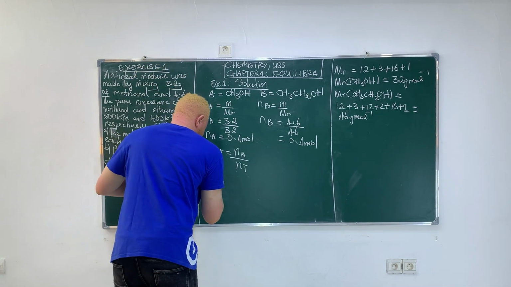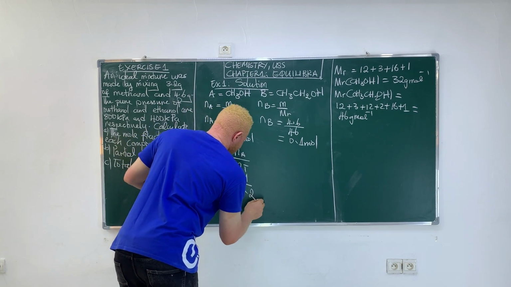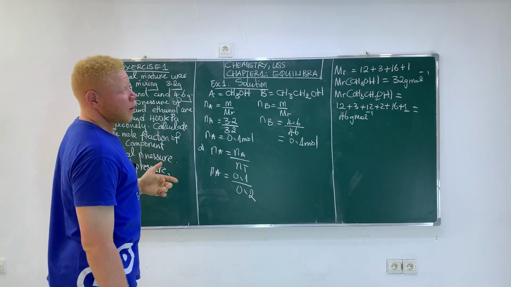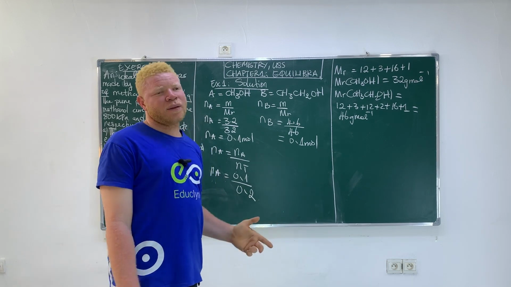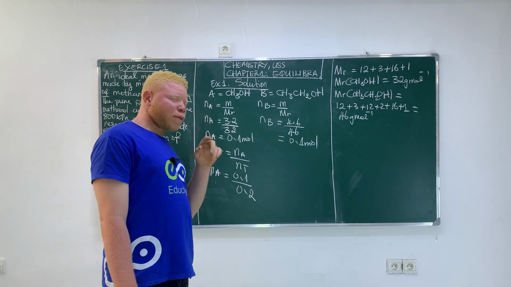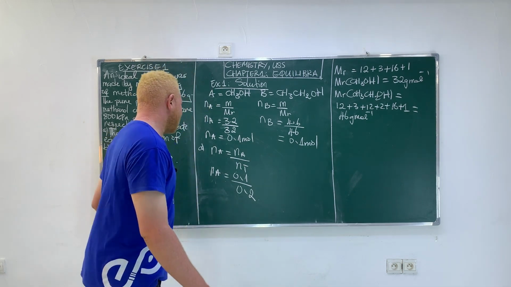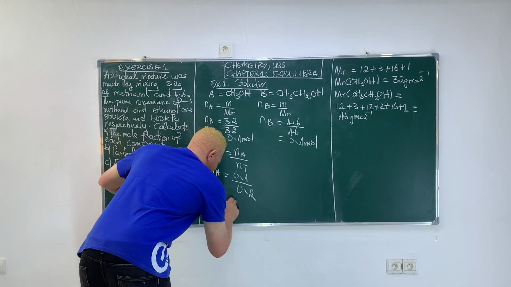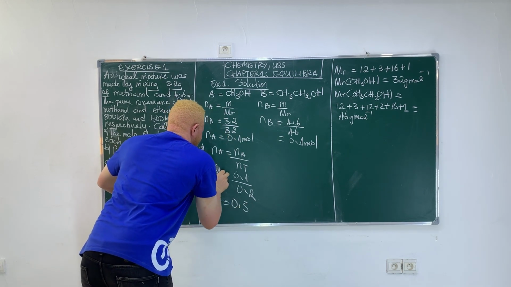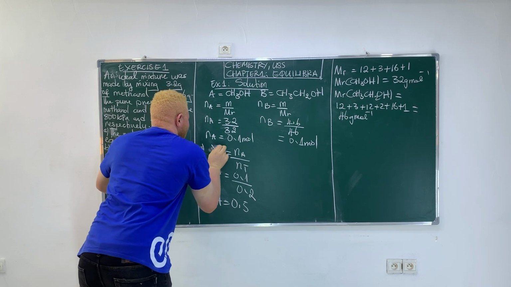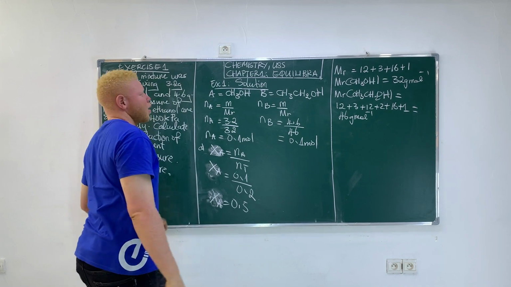So we have 0.1 divided by 0.2, which is 0.5. So here, not N, it is X. XA is 0.5.